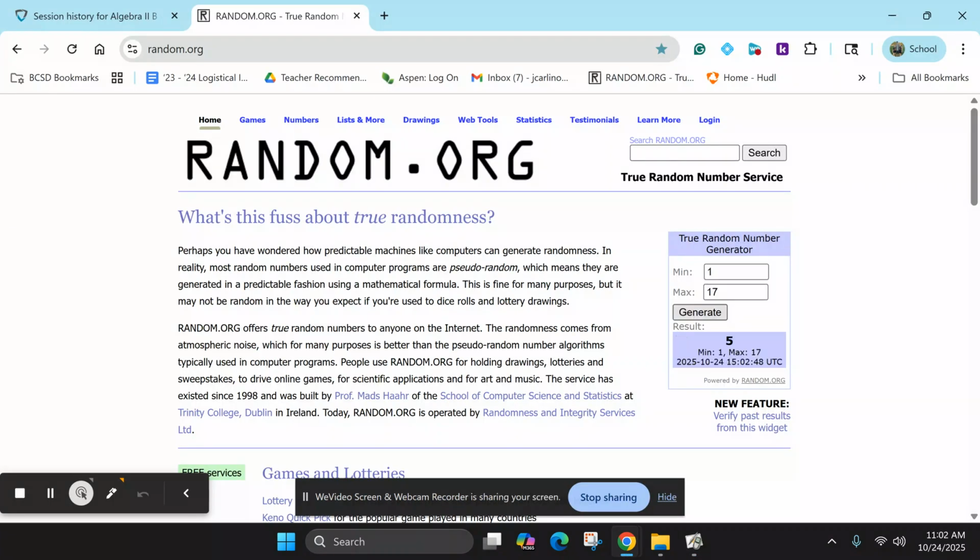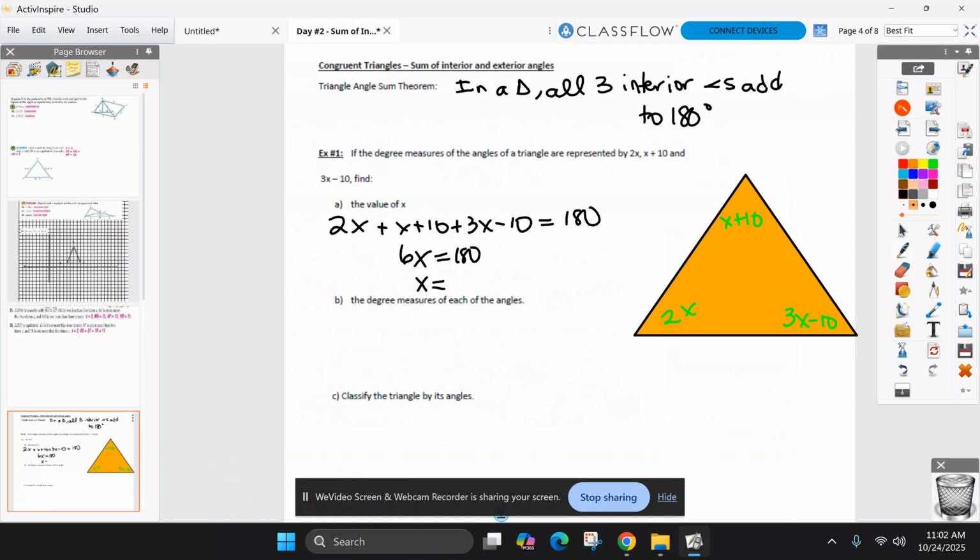When you find x, let myself and your classmates know when you're ready, Sully. 30, good. Now in part B, please substitute in 30 and find the actual angles of all three. Find the actual measures of all three angles, excuse me.